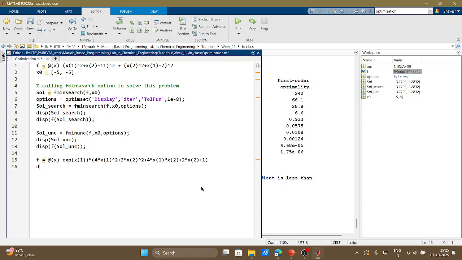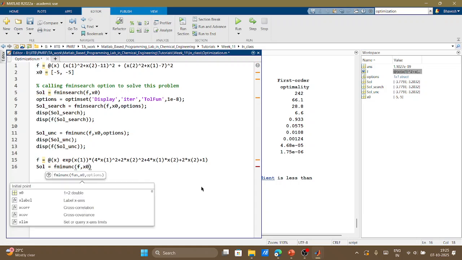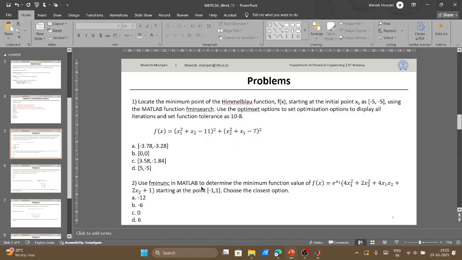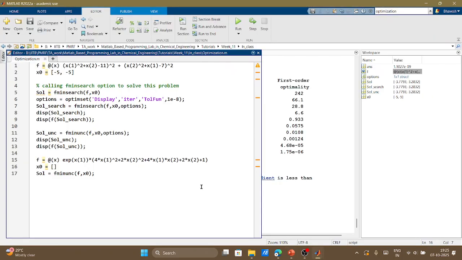I'm using solve equal to fminunc with my function and x0 value. My x0 here is given as minus 1 and 1.